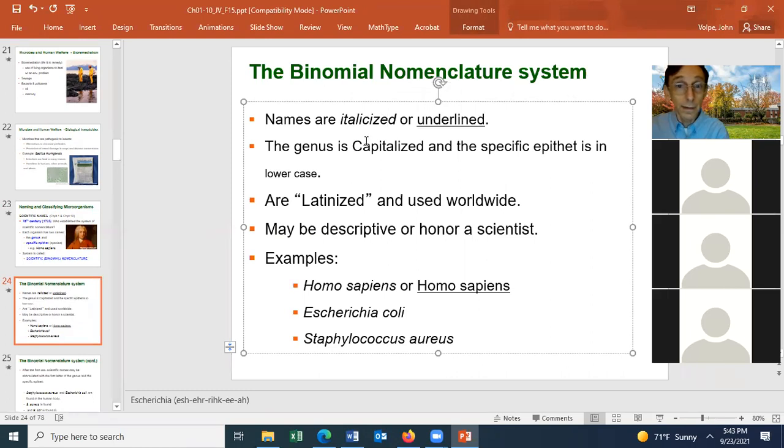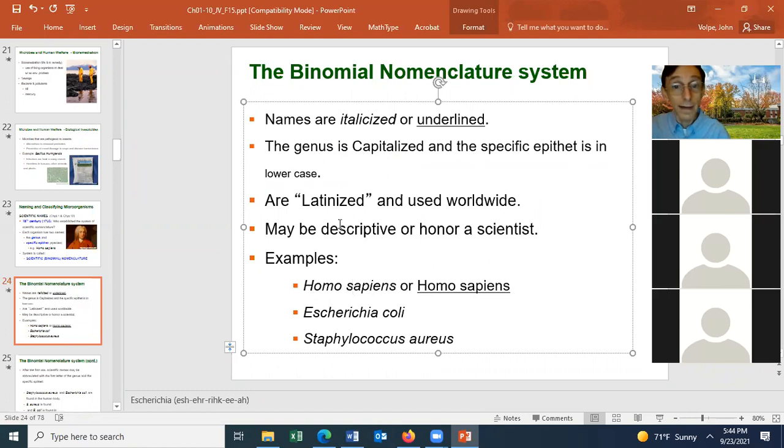When we're giving the binomial name, the genus name, meaning the first one, is capitalized, and the specific epithet is always lowercase. So Homo sapiens, as we mentioned, capital, lowercase, and this is italic or underlined.